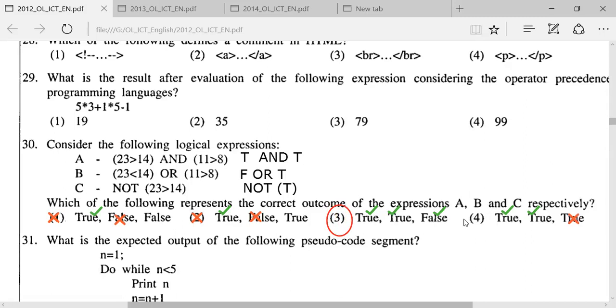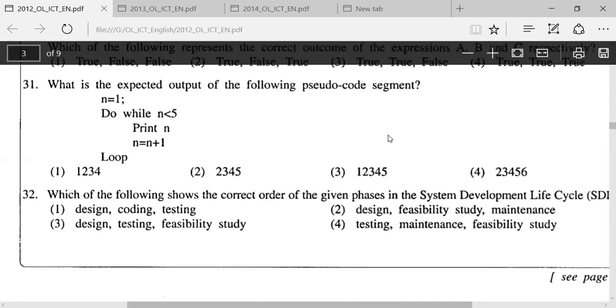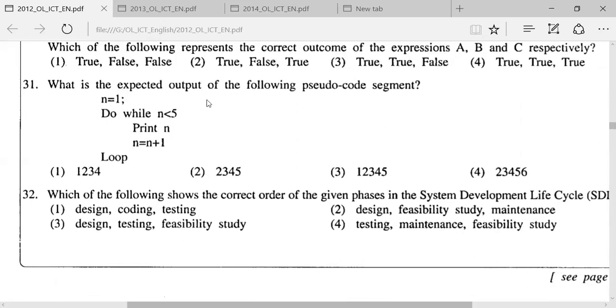That is the end of question number 30. When you note like this, you can get an easy way to find out the answer, right?